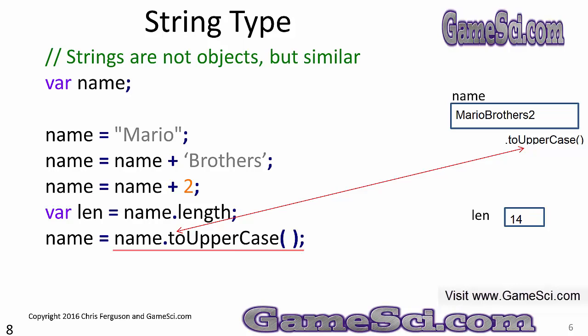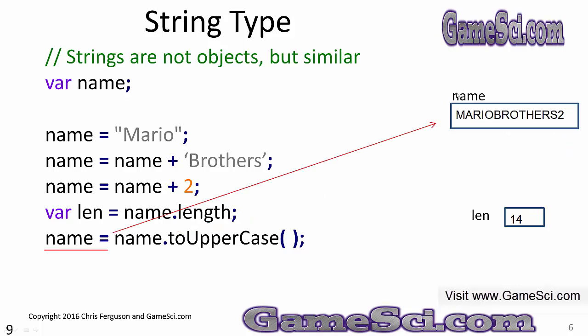Now, there are ways to make JavaScript strings objects that we'll look at later, but for now, strings are data types. Special data types that have properties and functions we can run. This function is going to convert our string to uppercase and store the result back into the name variable. So you can see right here, Mario Brothers 2 got changed to all uppercase letters.